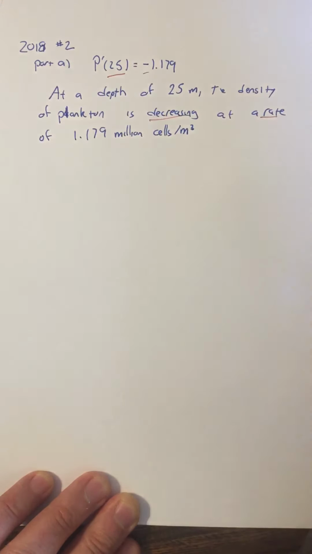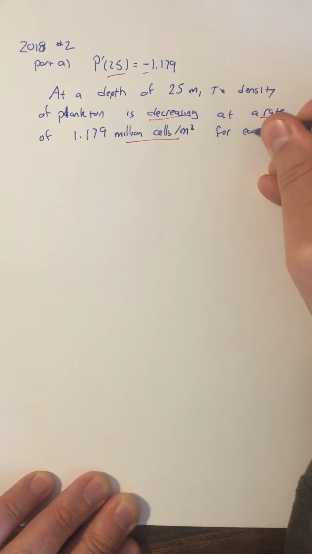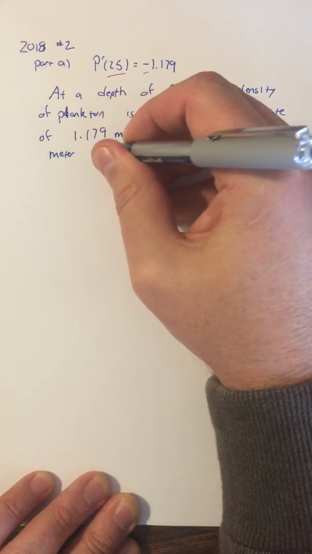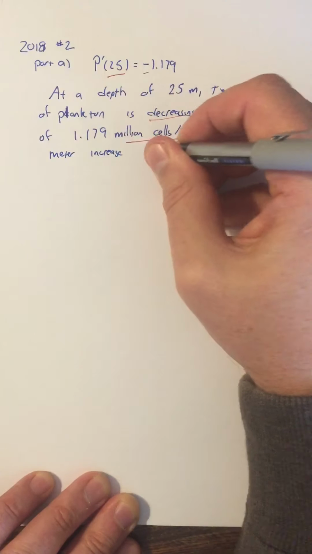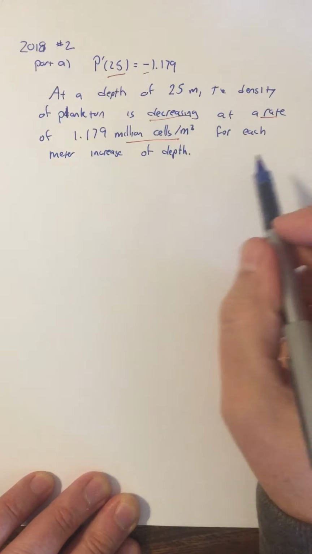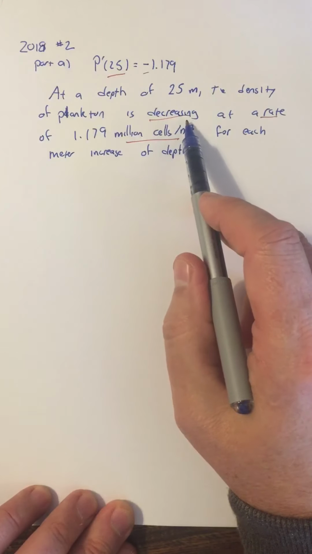That's just the density, but then I'm going to write this for now: for each meter increase of depth. We would probably get the credit for saying that we're looking at it as a density.